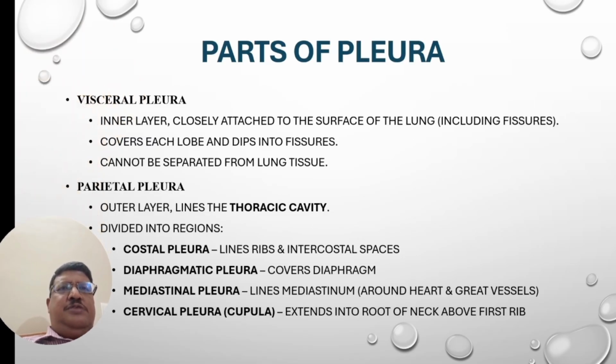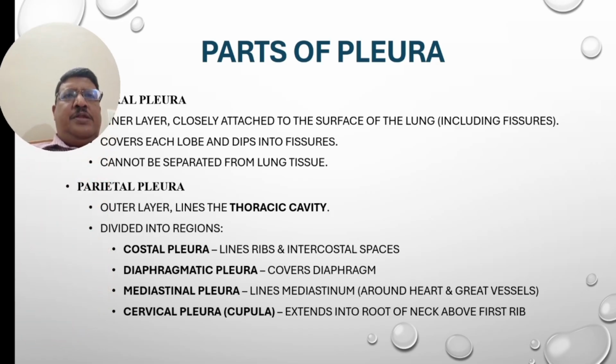Now parts of the pleura. Visceral pleura: inner layer closely attached to the surface of the lungs, covers each lobe and dips into the fissures, cannot be separated from lung tissue.